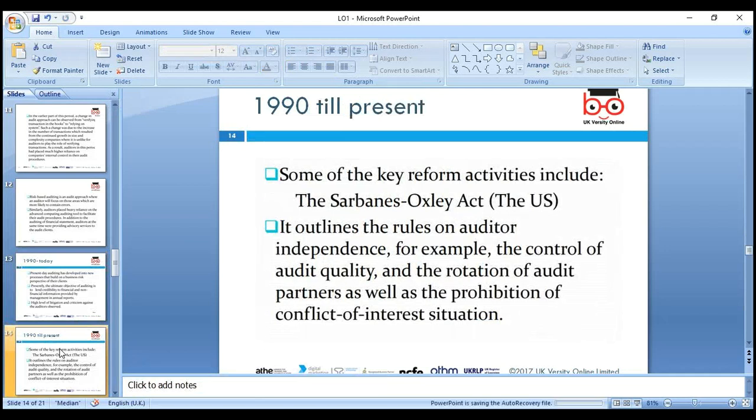Okay, so a number of reports have been published about corporate governance and how we can run the organization, from 1919 till present.